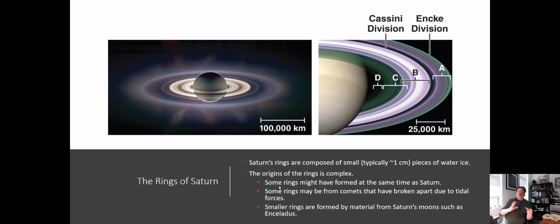Now, all of this material is almost exclusively water ice, with some contaminants of rocky material, again from either collisions off of moons or things breaking up in the Roche lobe.